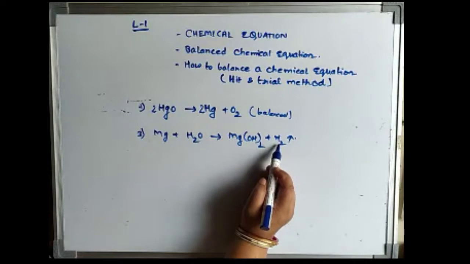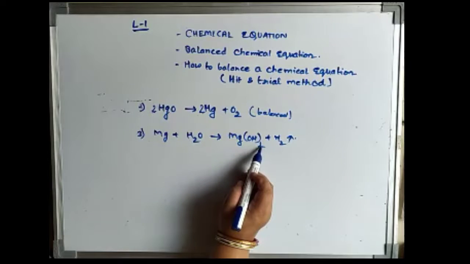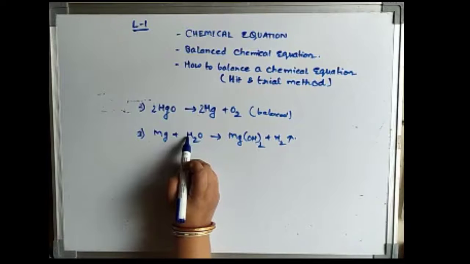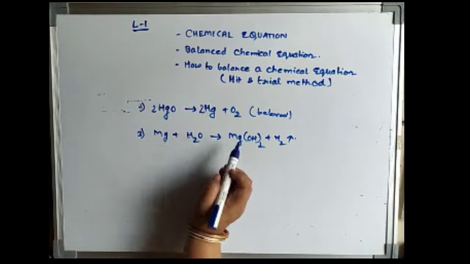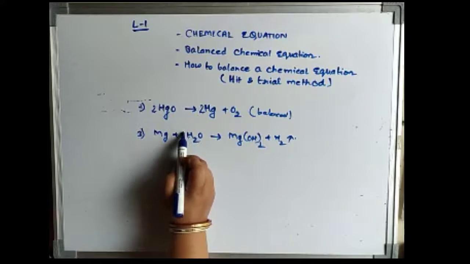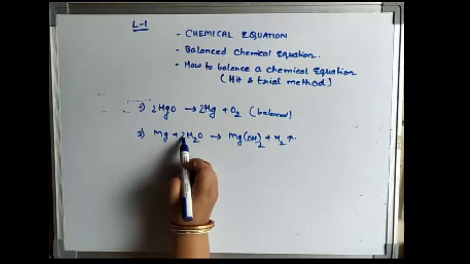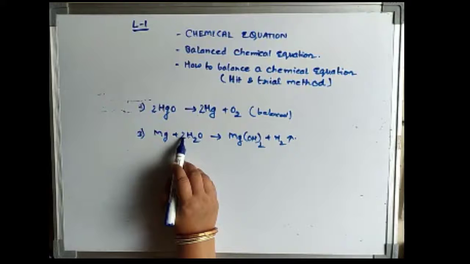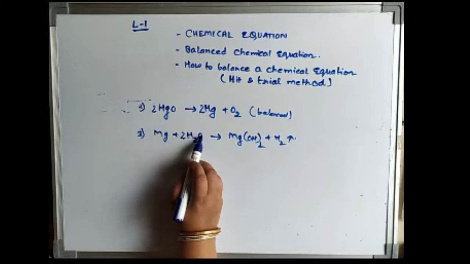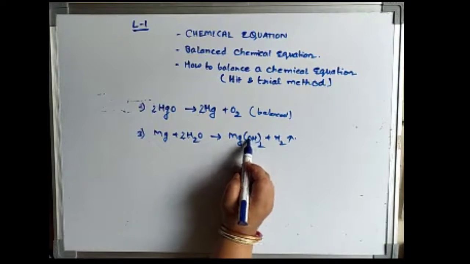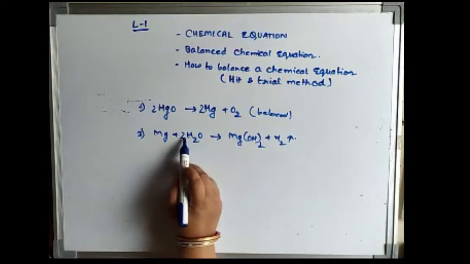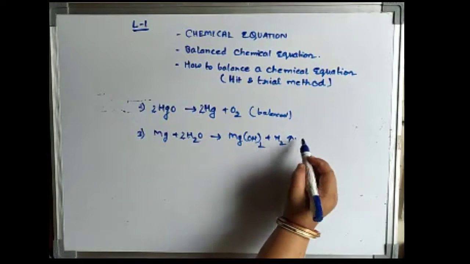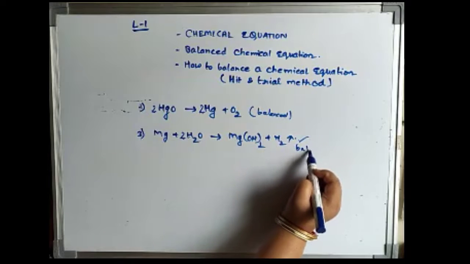That means it gets disturbed. Oxygen also here 2 atoms, but here only 1 atom. So in order to make oxygen 2 atoms, you have to give here 2. As soon as you give 2, it becomes 2 atoms of oxygen here also. And hydrogen 4 atoms, here 2, here also 2. That means now the reaction is balanced.